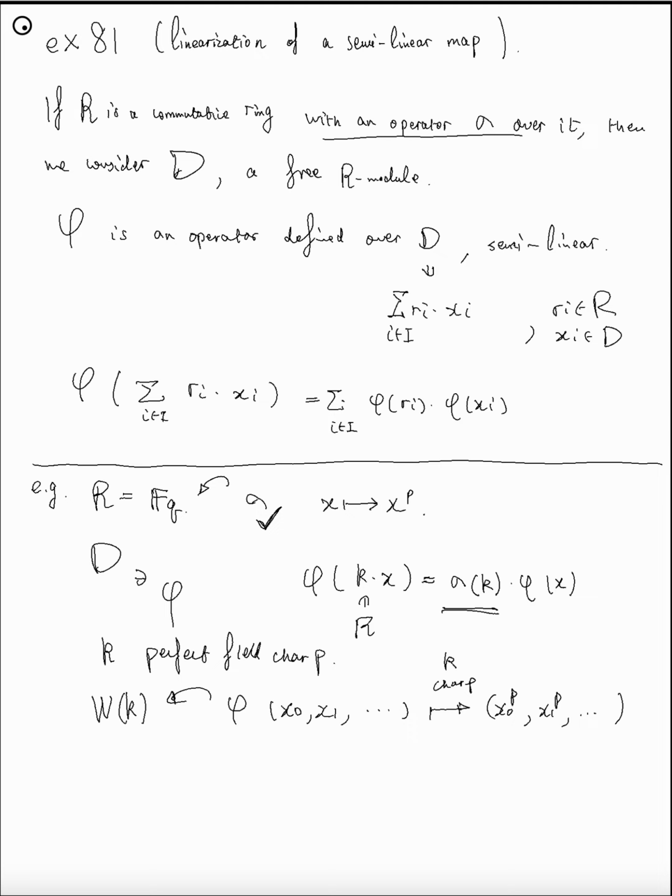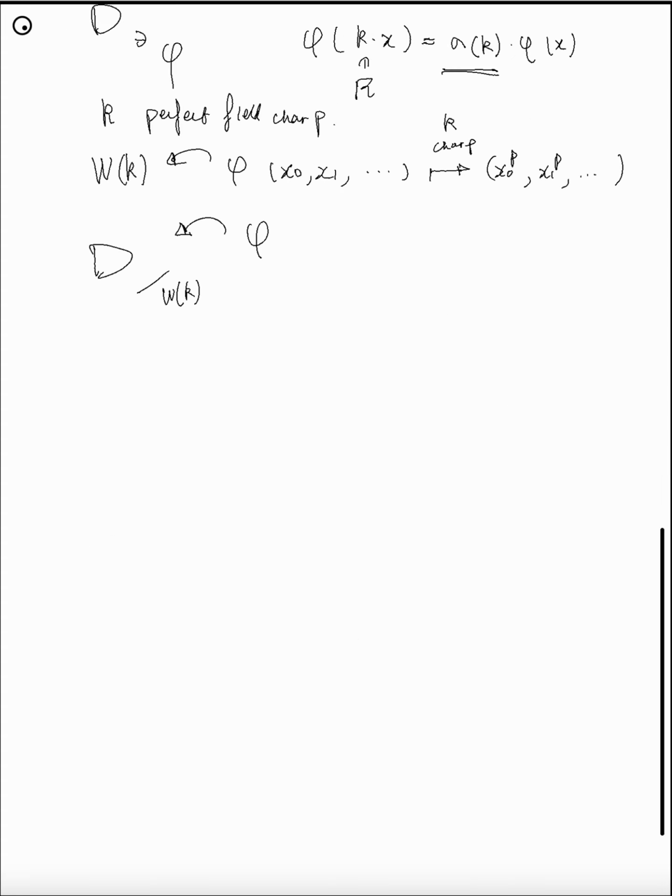Anyway, I'm saying that there is again a canonical Frobenius, and then if you define free W(k) modules, you could define a semi-linear Frobenius here. Let me denote Frobenius of W(k) to refer to this.